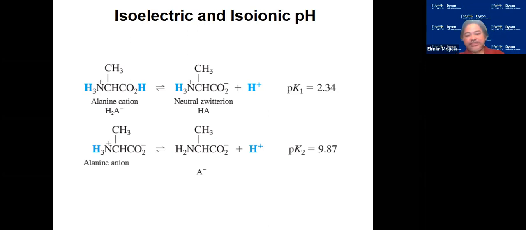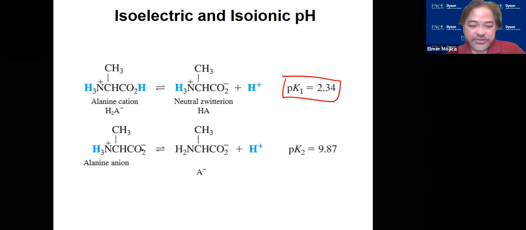The way that they look at it is to take advantage of the pKa of a given amino acid. And once they have that, they are able to separate the amino acids that are present in the solution. So for instance, for the alanine cation, this is the pKa1. For the alanine anion, this is the pKa2. So what does this mean? This is where these two forms are in the same concentration. And this one, these two forms are in the same concentration.